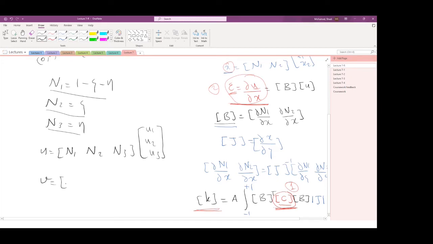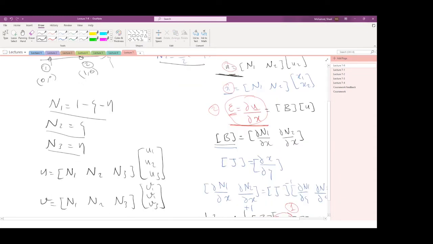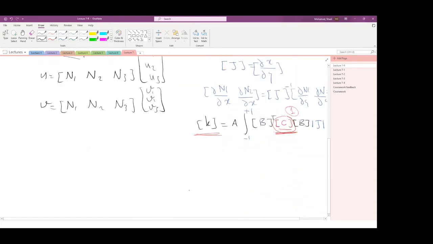So we have also V, that this is going to be N1, N2, and N3 multiplied by V1, V2, and V3.